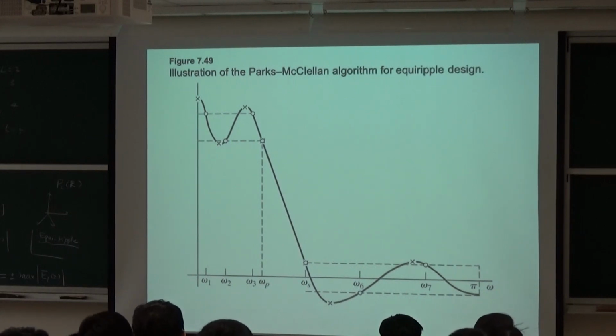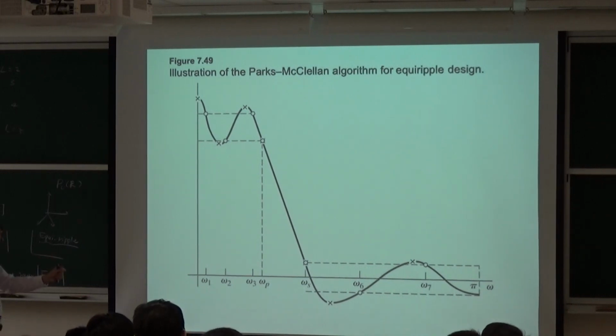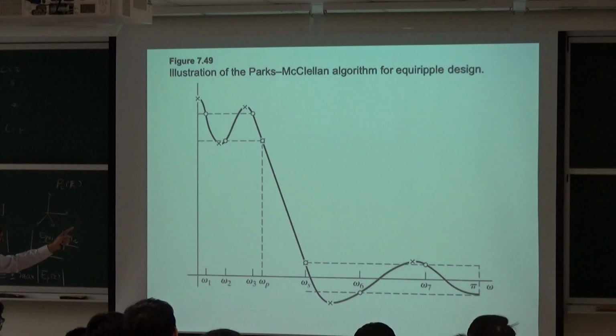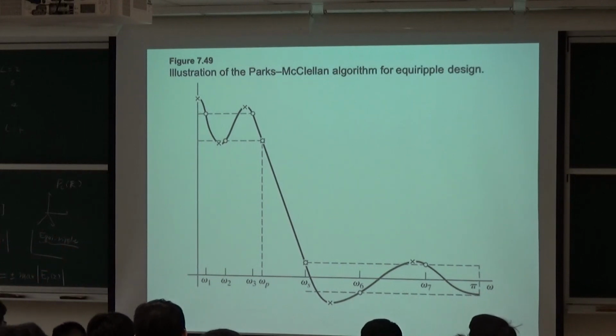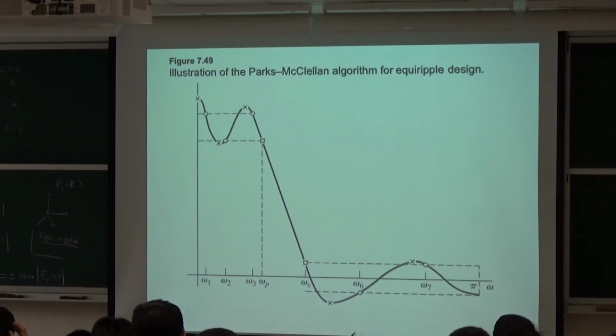Is it 6 or is it 5? This plot looks kind of weird. Let's forget about what exactly else. Suppose that we are designing an L-order polynomial.